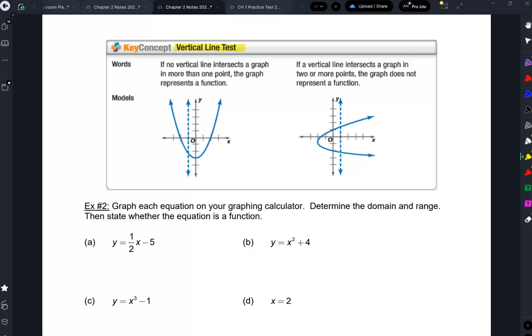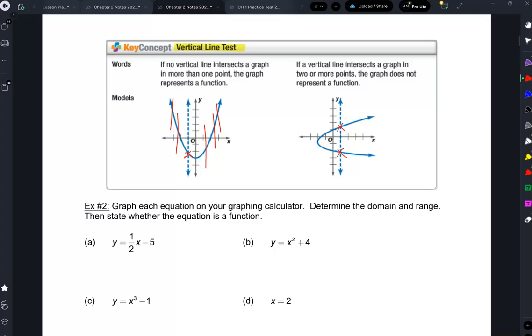If you have the graph of something, you can draw a series of imaginary vertical lines. If each line crosses the graph at only one point, it's a function. No matter where you draw the line, it's one time. But if it crosses more than one time, then it's not a function.